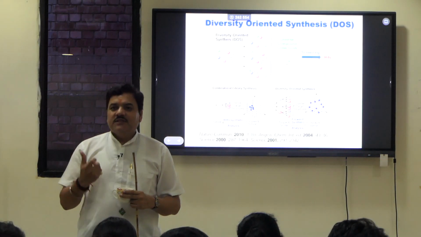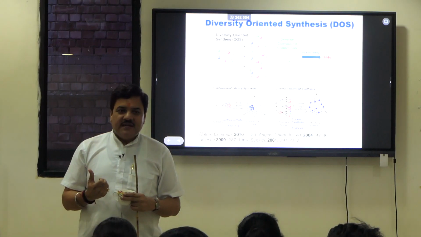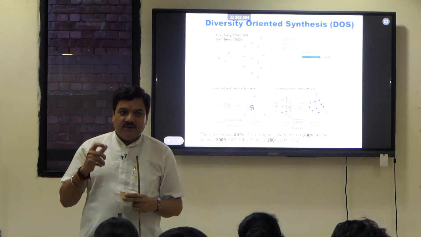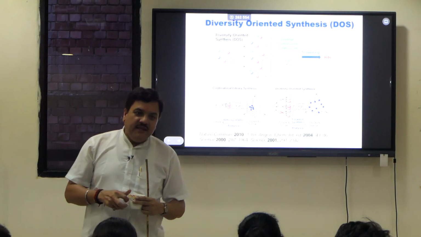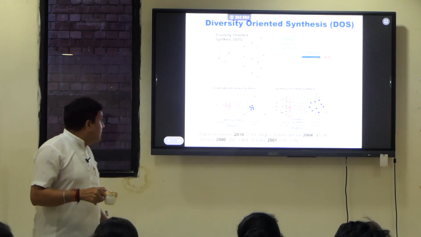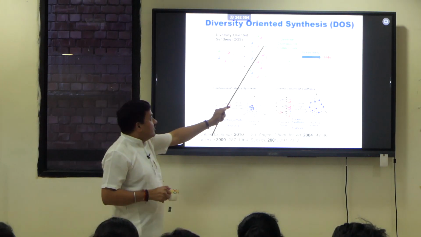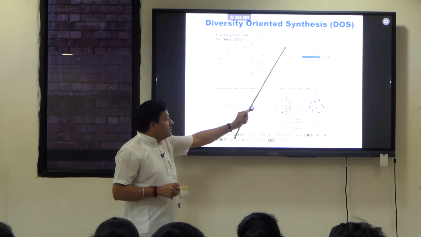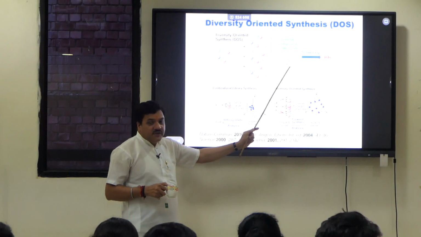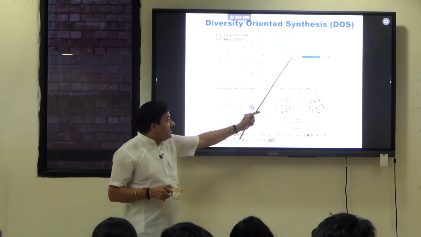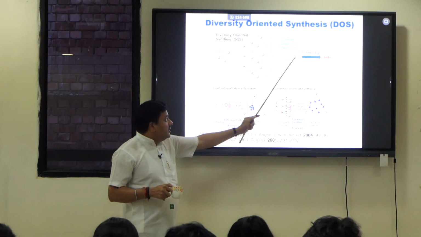So this is what Stuart Schreiber visualized, planned and thought about, and he discovered this approach, by which you make a diverse collection of compounds. If you distribute these molecules on these x and y coordinates, you see they are present everywhere.